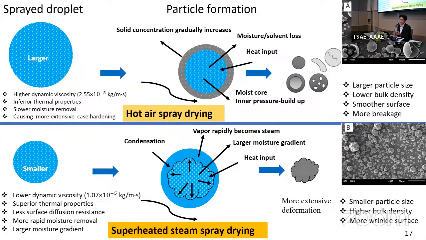In superheated steam, we might recover some of the steam if we operate a fan design that can recycle the drying medium. So it might be much cheaper than hot air at the industrial scale.